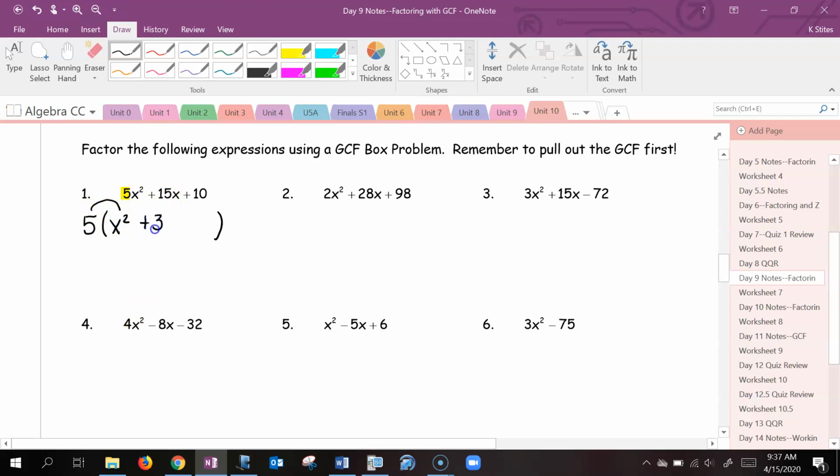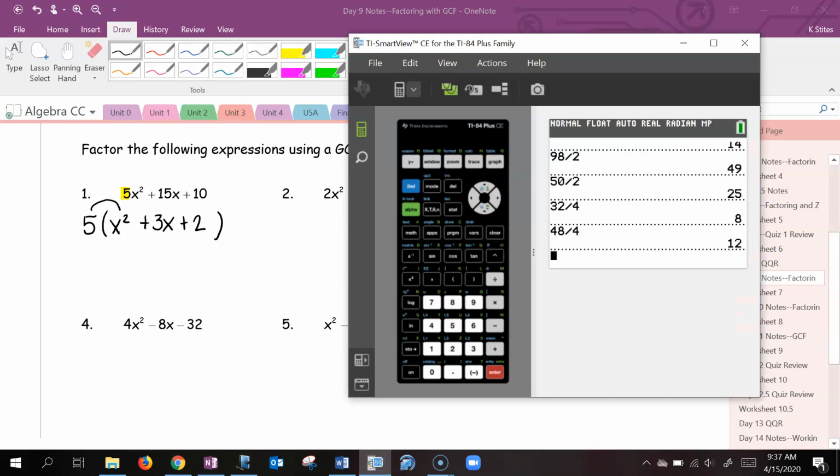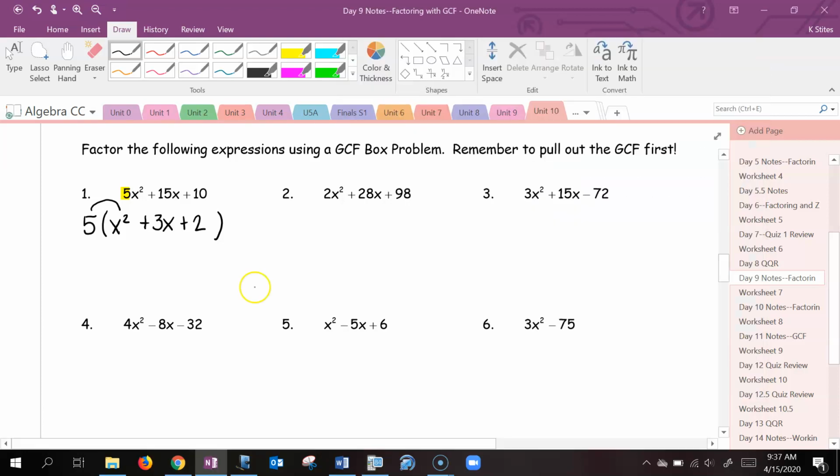Well, 5 times 3 is 15x. 5 times what is 10? Well, 5 times 2. All right, and if they're bigger numbers and you're not sure about your mental math, just divide it. 15 divided by your GCF is 3, that's why I have 3x, and 10 divided by my GCF is 2. Okay, so that's step 1, dividing out my GCF.